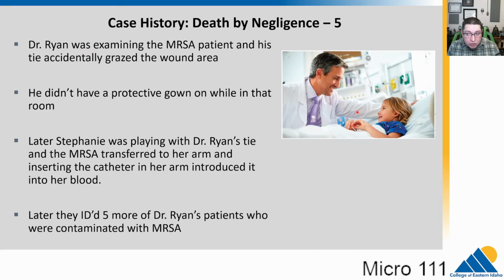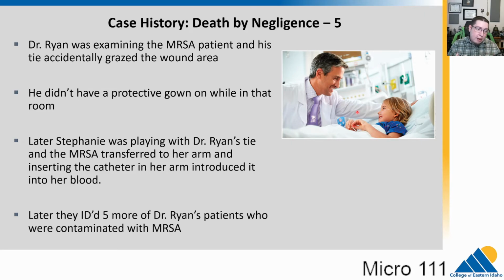So in this case, we look at who's interacted with both people, and that is Dr. Ryan here. He was examining the MRSA patient, and his tie accidentally grazed the wound area and got microbes on it. He didn't have a protective gown on while he was in that room, and he didn't take that gown off and dispose of it when he left that room.